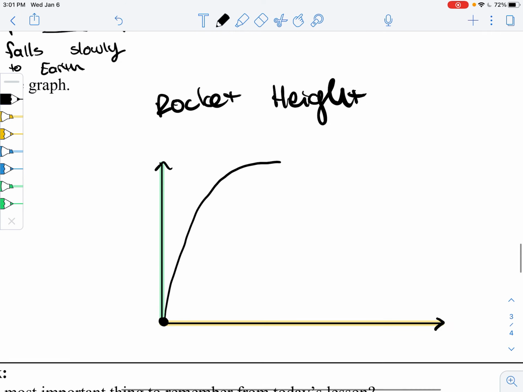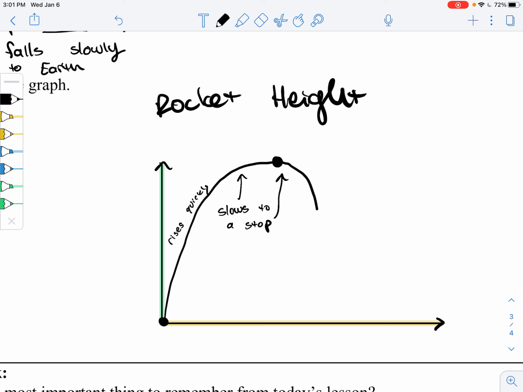So here, this is our rises quickly part. And then it slows to a stop. So here, slows to a stop right there where it stops.